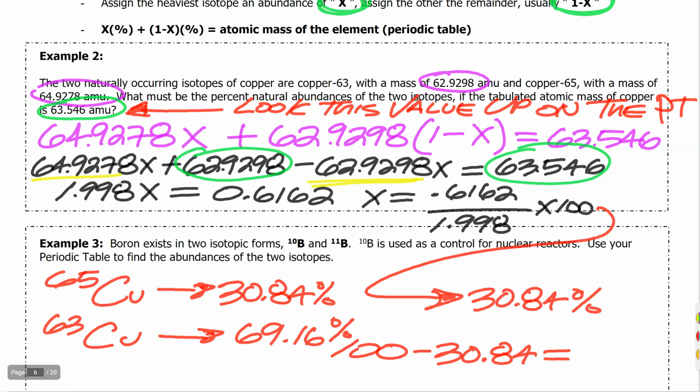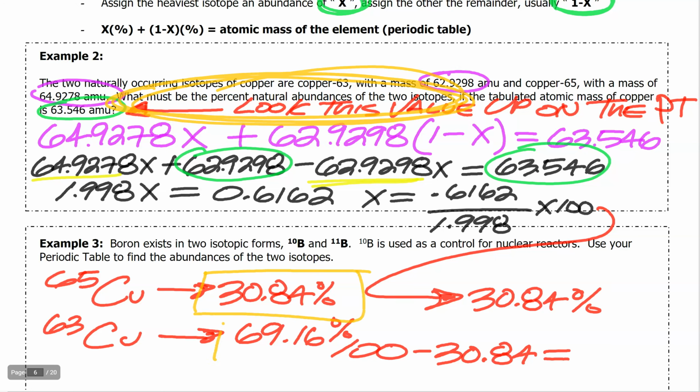It said, what must the natural abundances be of the two isotopes? That's what they were looking for. So here we go. The copper 65 is at 30.84, and the 63 is at 69.16. What students struggle with the most is that whatever the answer is, that is the answer to the heavy one because you set x equal to that.